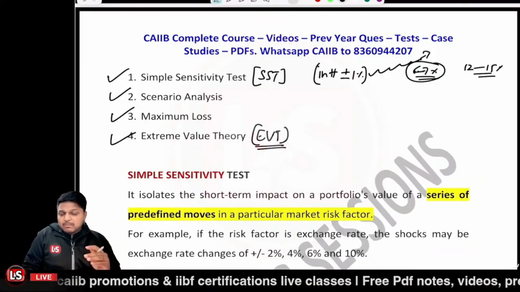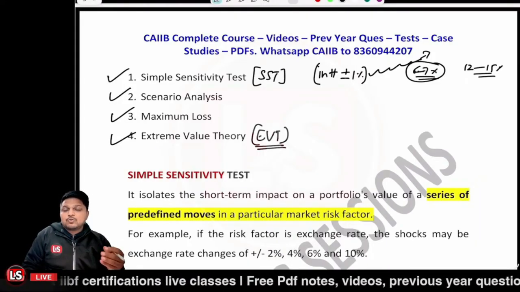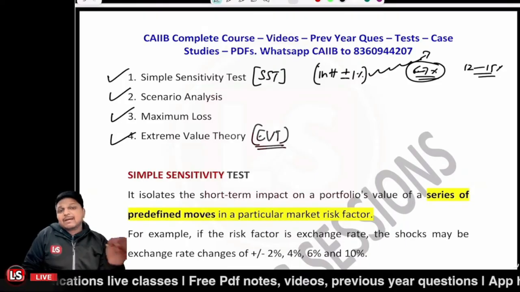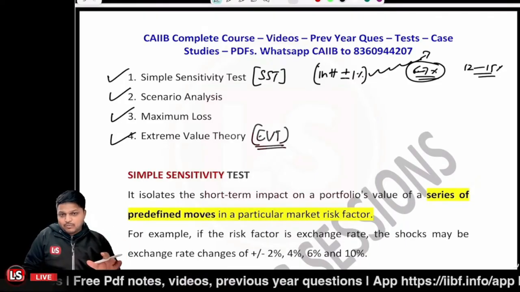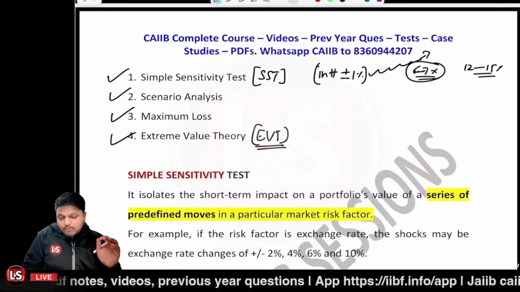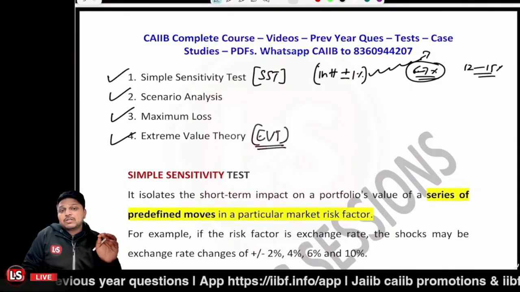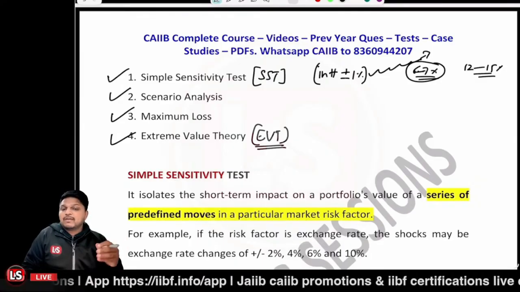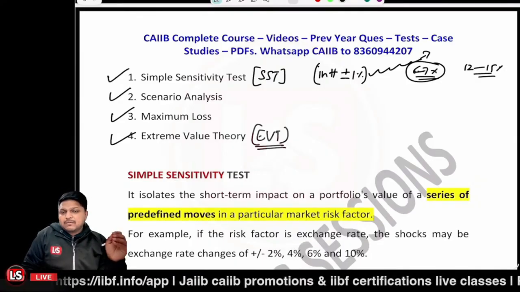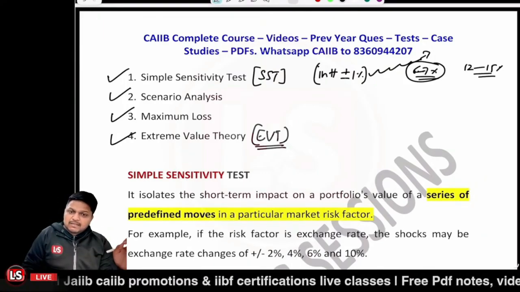Those scenarios may be historical, based on financial crisis data, or hypothetical, where I assume different factors in one particular scenario. The good part is that it helps us capture non-linear effects, and it's way more effective than SST.